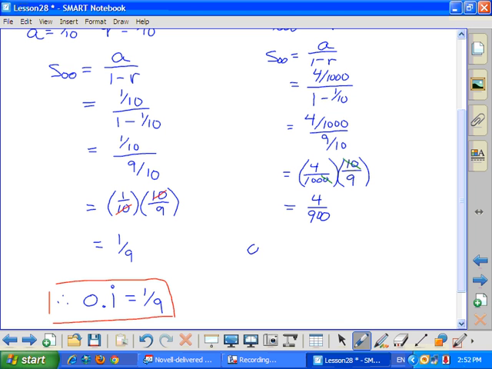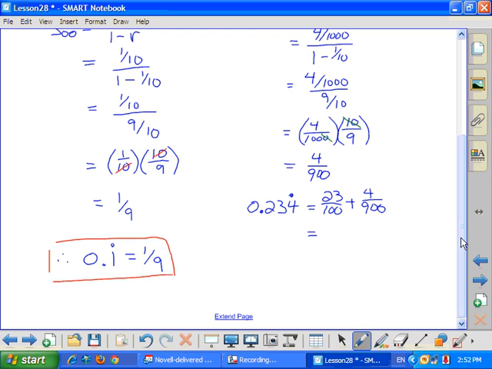So if I want to write 0.234 repeated, I would have to put 23 over 100 plus the repeated 0.0044. All right. To get one final fraction, you need to get a common denominator, which is 900.